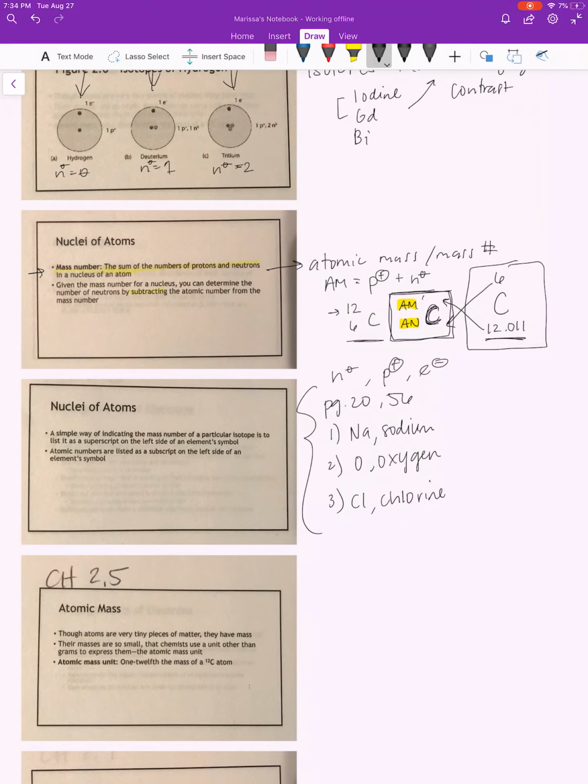What it's asking us to do is to identify the number of protons only in each element. The easiest way to do this is to look at the periodic table, identify the element, and look at the number on top, and that will tell us the number of protons. So I'm going to give you just a few minutes to try that, and then we will go through the answers together.